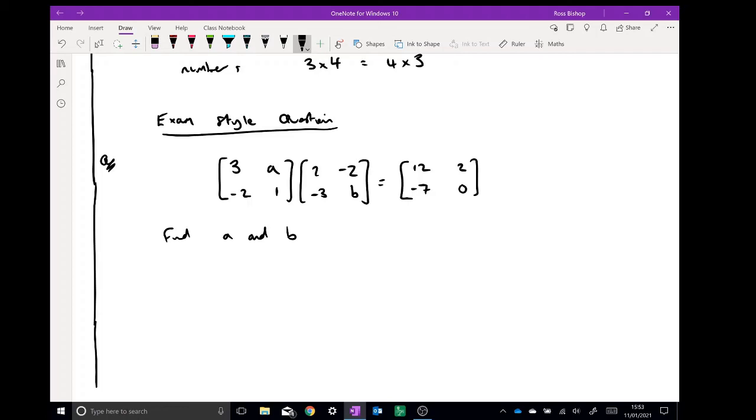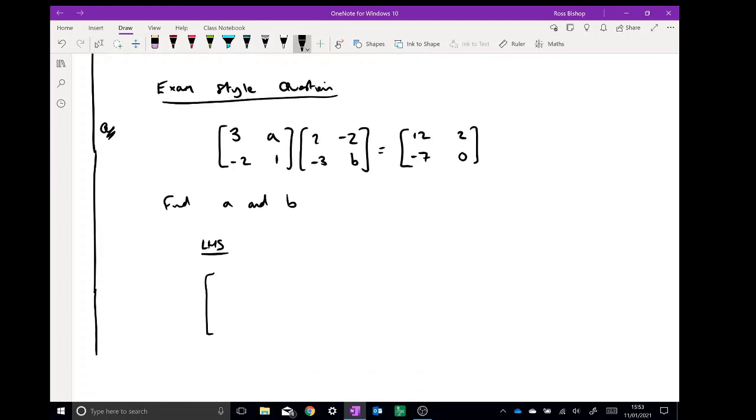So let's look at the left-hand side and let's actually multiply this out. My top left element is going to be 3 times 2, add A times minus 3. Okay, that's the top left.